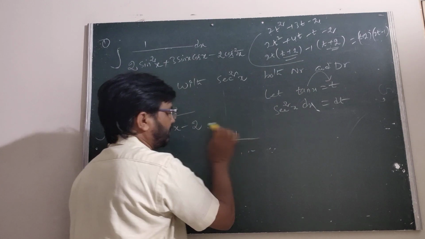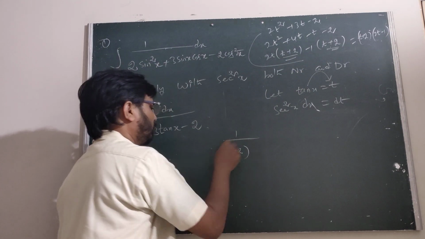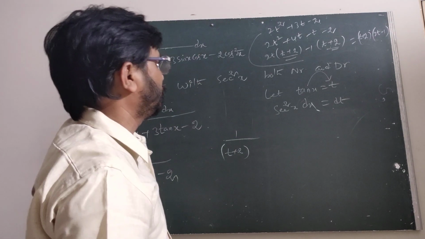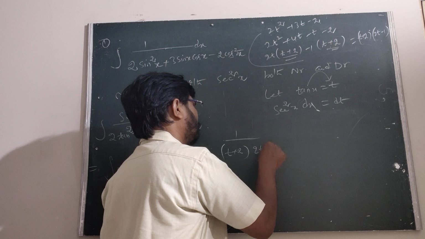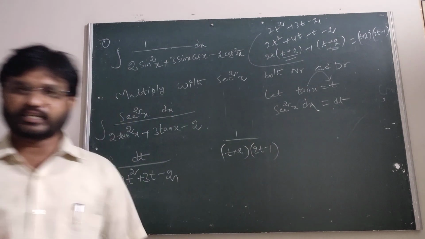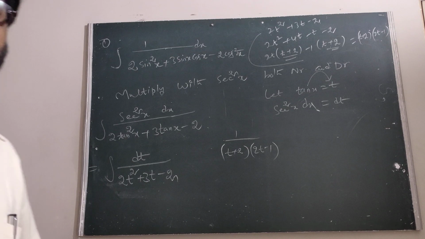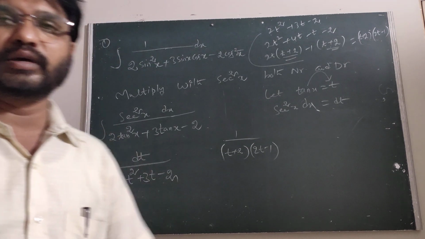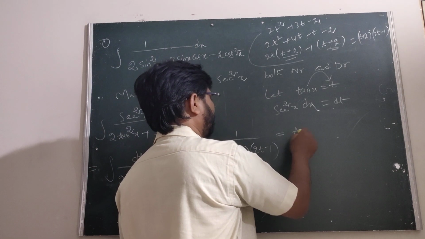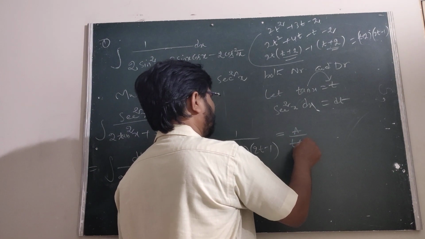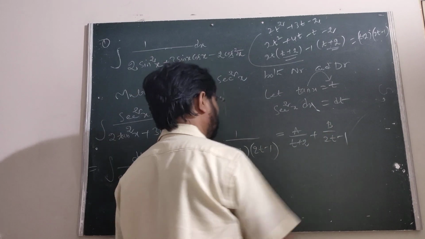One of the factors is t plus 2, and the other factor is 2t minus 1. So when we expand into the two factors, this is the method of integration by partial fractions. The first fraction can be written as a by t plus 2 and the second fraction is b by 2t minus 1.